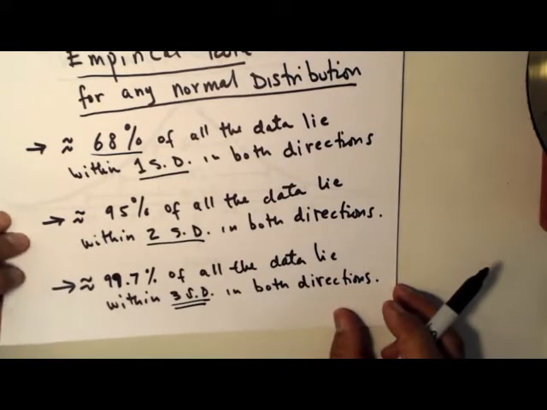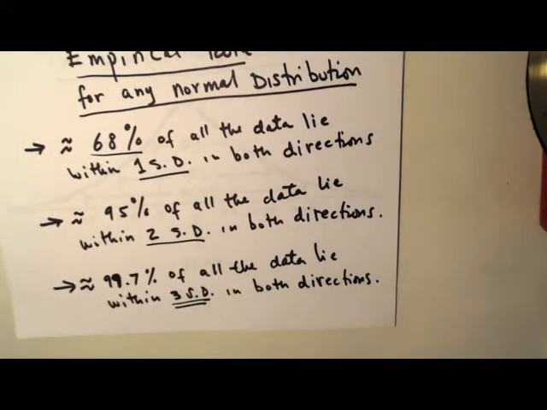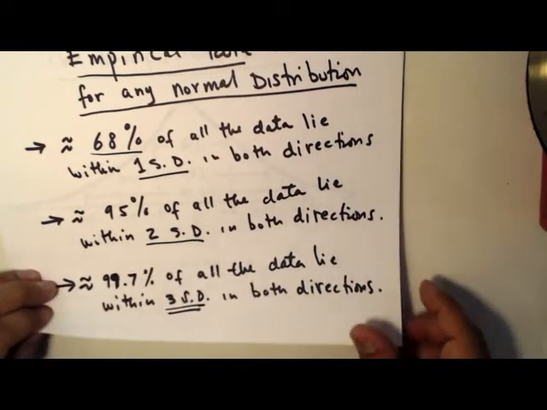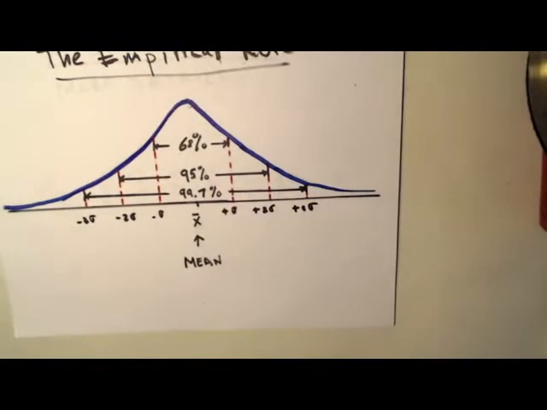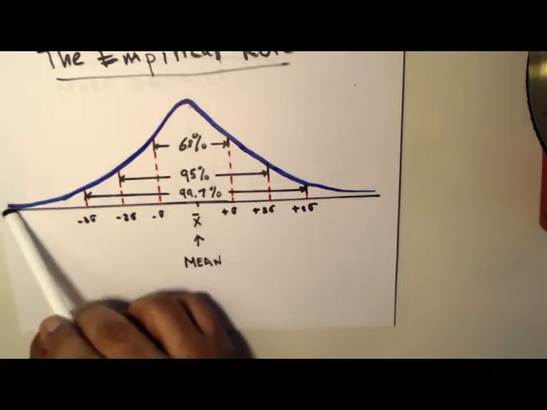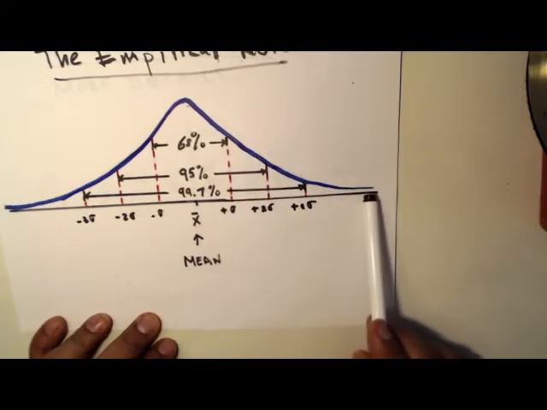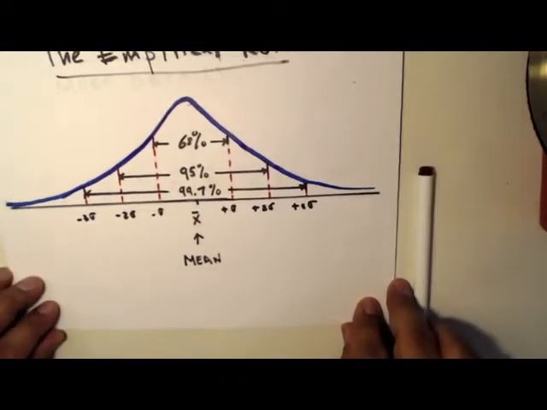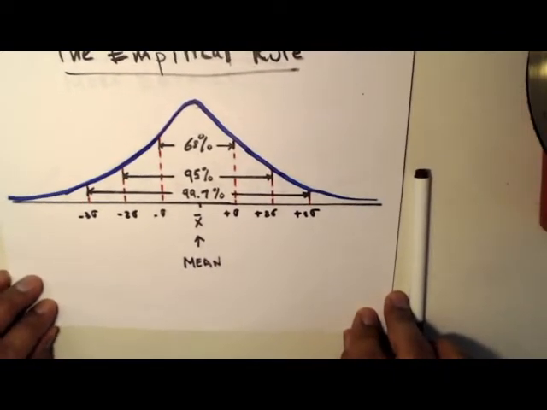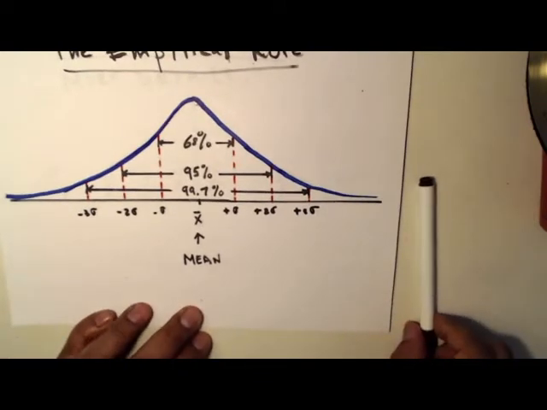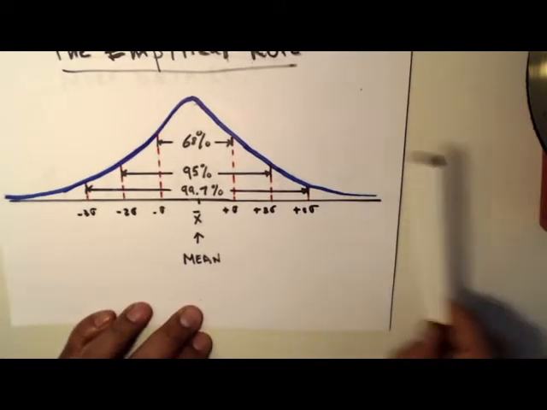So if we were to look at the shape, I have prepared a drawing here. So basically here what we have is the bell shape, normal curve, right? And we're going to apply the empirical rule.